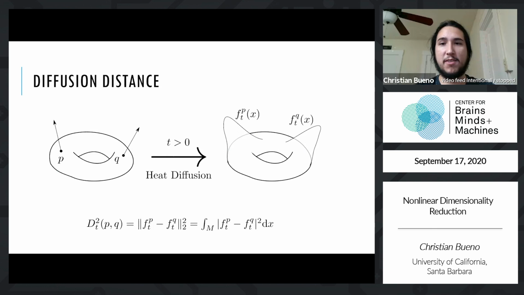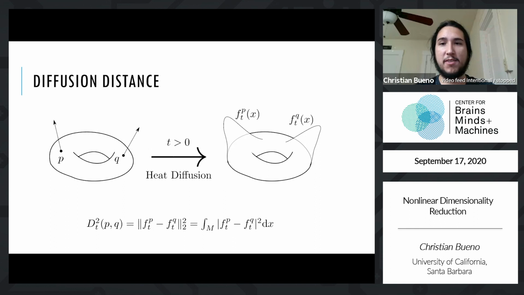And then you let this heat diffuse through your manifold. You can write the heat equation on a manifold because we have the Laplace-Beltrami operator, which lets us do that. And so you see how it evolves. You get two functions, f_p^t and f_q^t, and you can take their L2 distance as functions, so the integral distance between functions. And that's going to be the diffusion distance between those points.